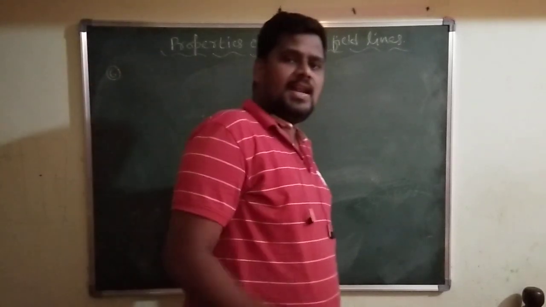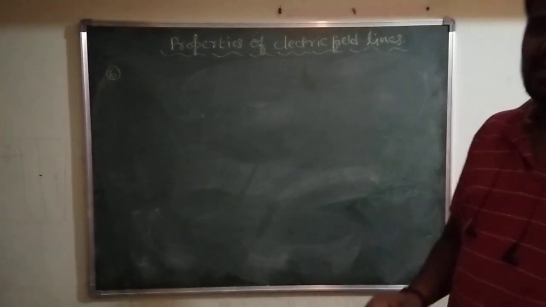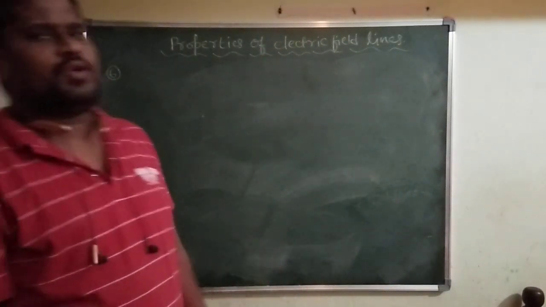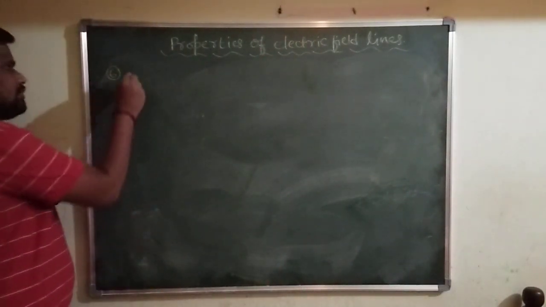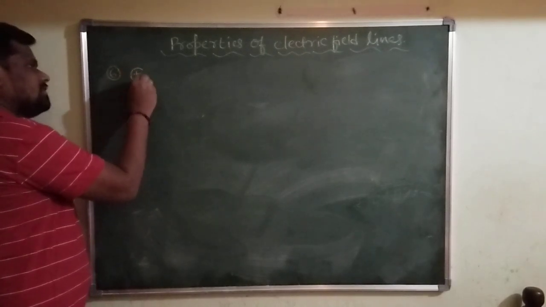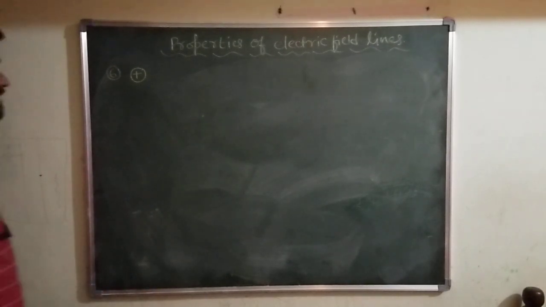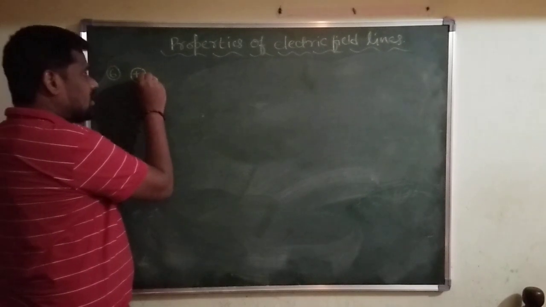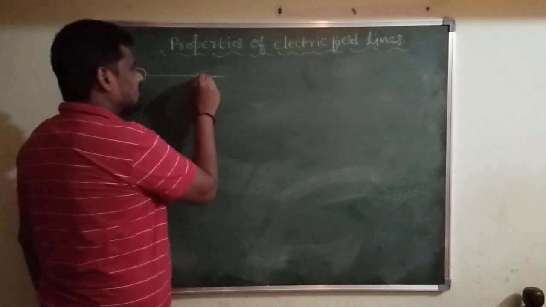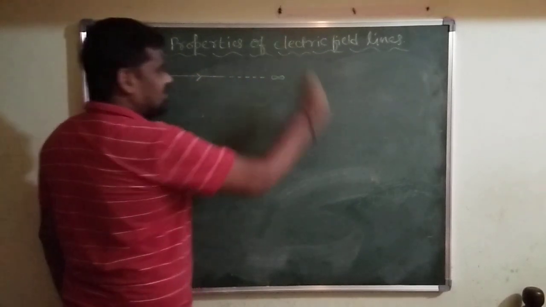For a single isolated point charge, the electric field lines will start from the charge and end at infinity.